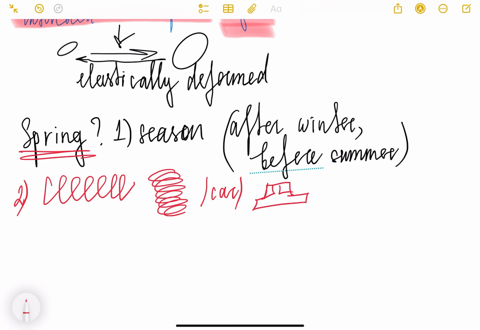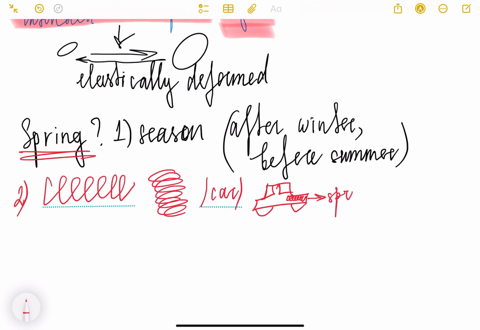Sorry, I was always bad at drawing cars and I know almost nothing about cars. And inside of the car there is a spring. And it's asking how are the springs used in a car? Suspension is made springy.